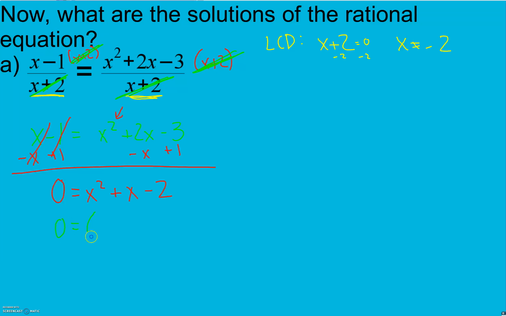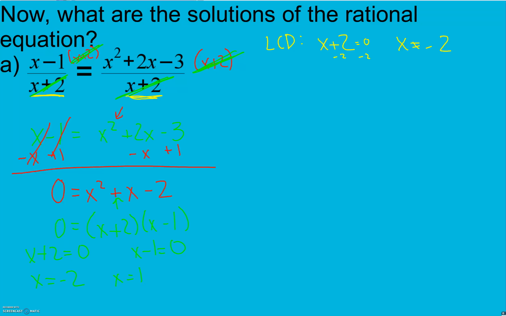Factors here, plus 2 minus 1, multiply to 2, subtract to 1. Bigger number always gets a sign in the middle. I set my factors equal to 0. I get x equals negative 2 and x equals 1.